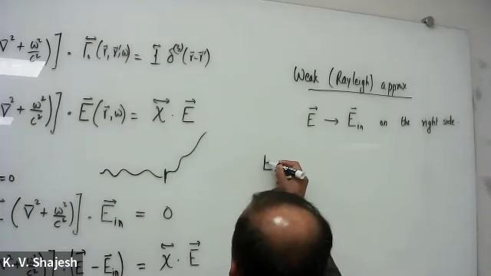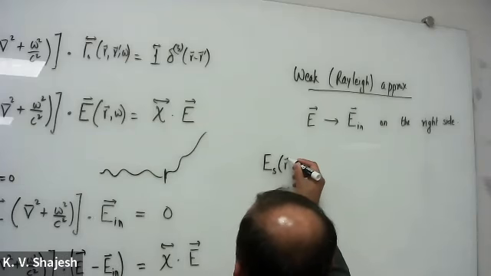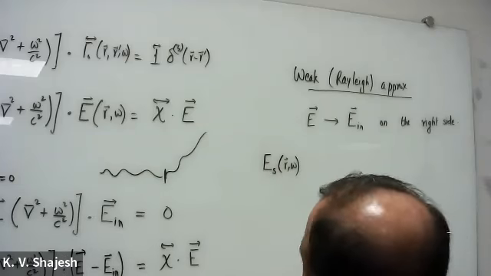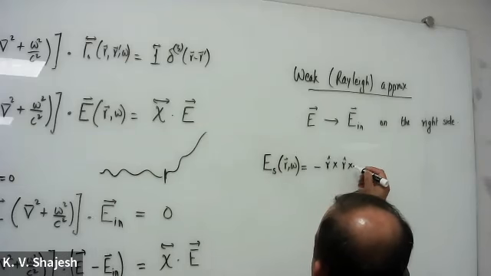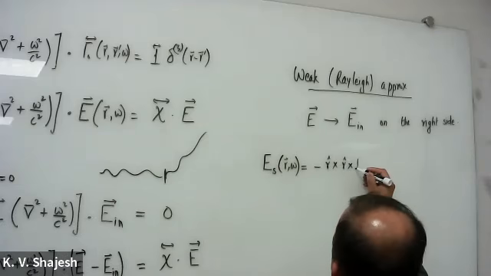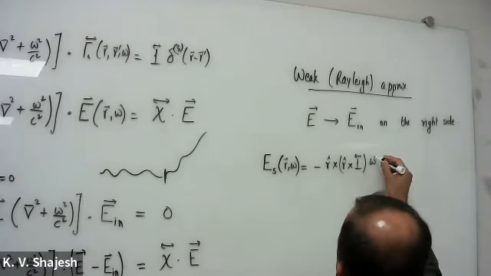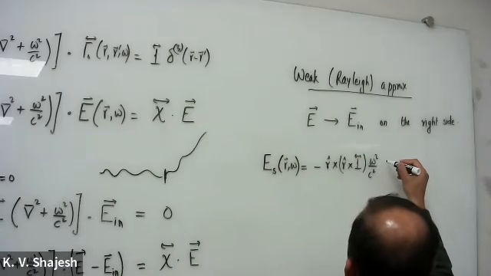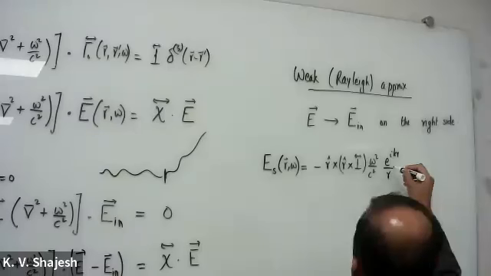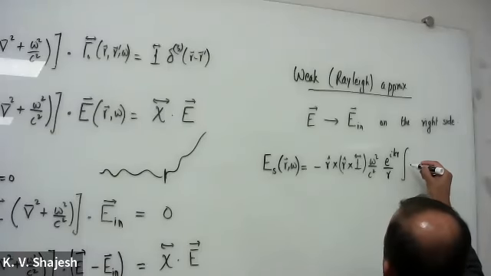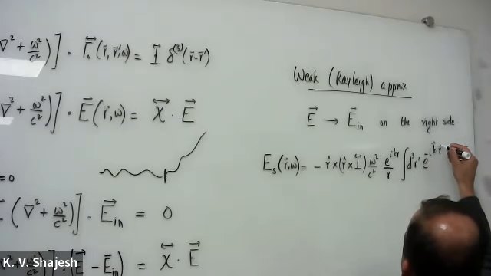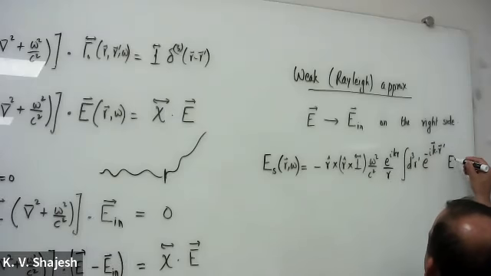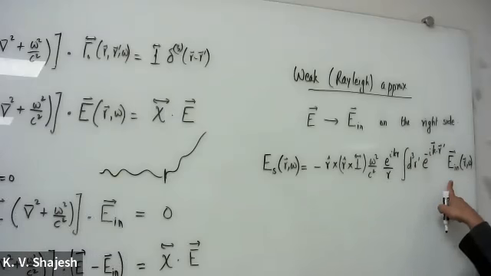So E scattered of omega is equal to minus r hat crossed with r hat crossed with 1 times omega square over c square times e raised to i k r, and this is dr prime, exponential minus i k dotted with r prime and E incident now. The only thing I replaced is that I replaced this E with E incident.